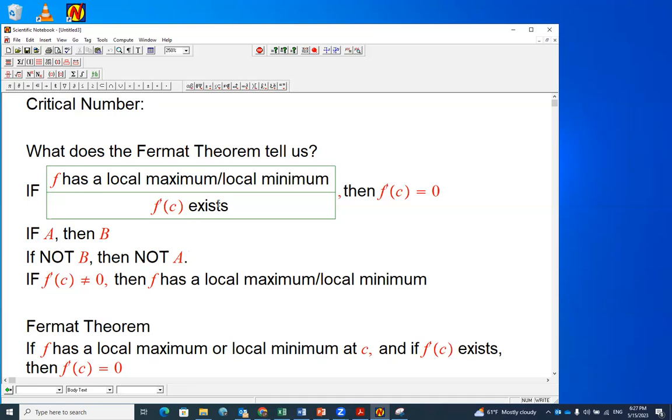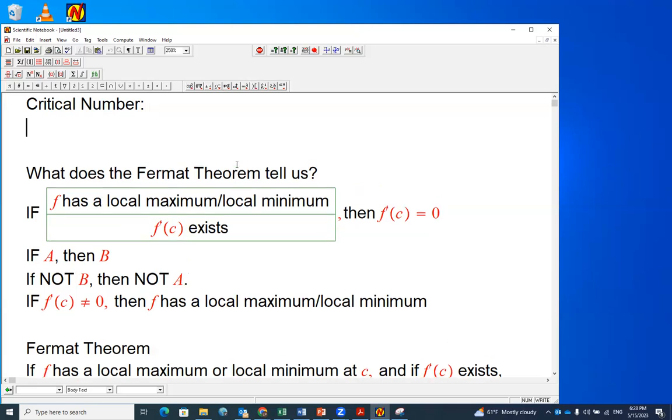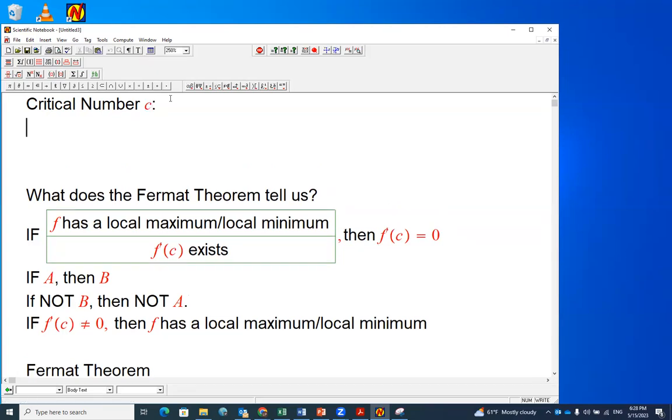So what are called critical numbers? First of all, a critical number, we give it a name, c. Then c must be in the domain. Number 1, c is in the domain of the function.